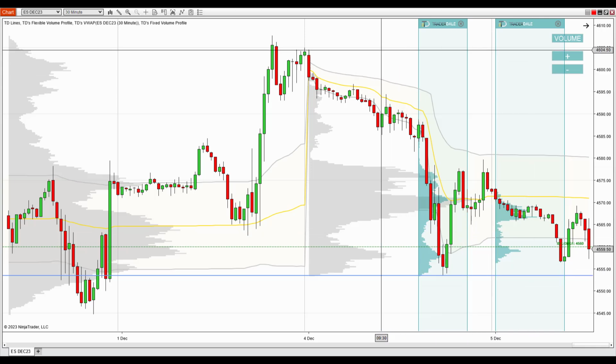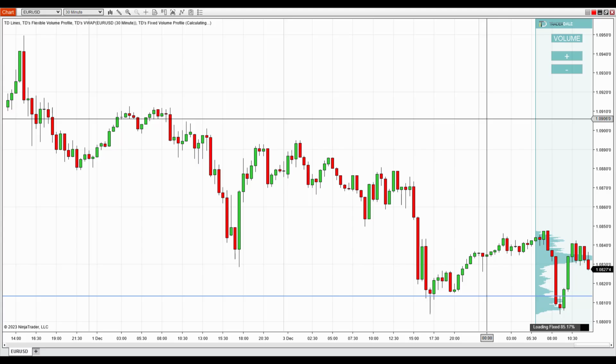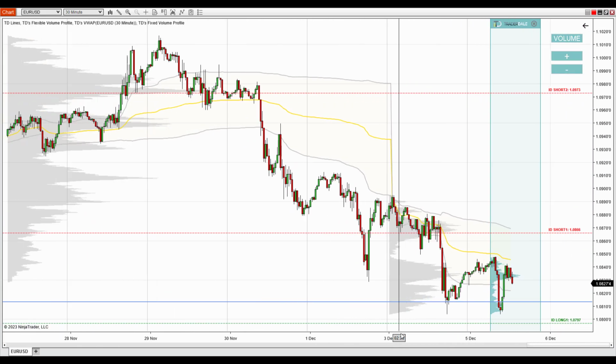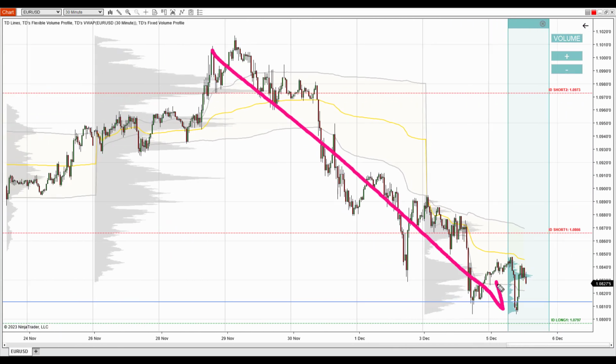This level is spent. I just wanted to show you how it is supposed to work. Currently we have the same setup on the euro-dollar. On the euro, as I was saying, it's a bit more risky because we are trading against a trend. Alright, so that's about that.